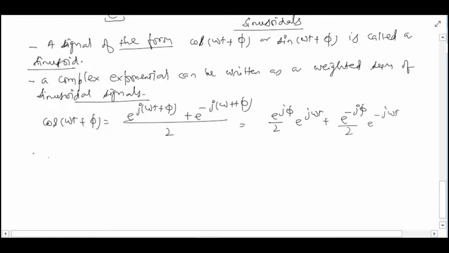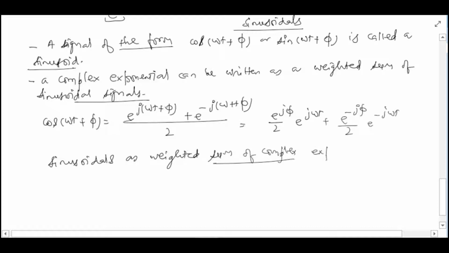So one can be represented in terms of the other.